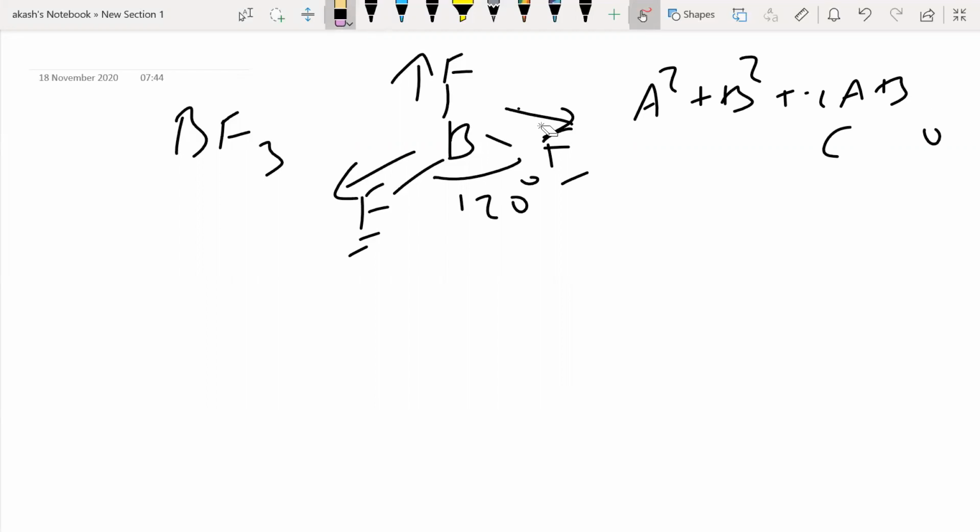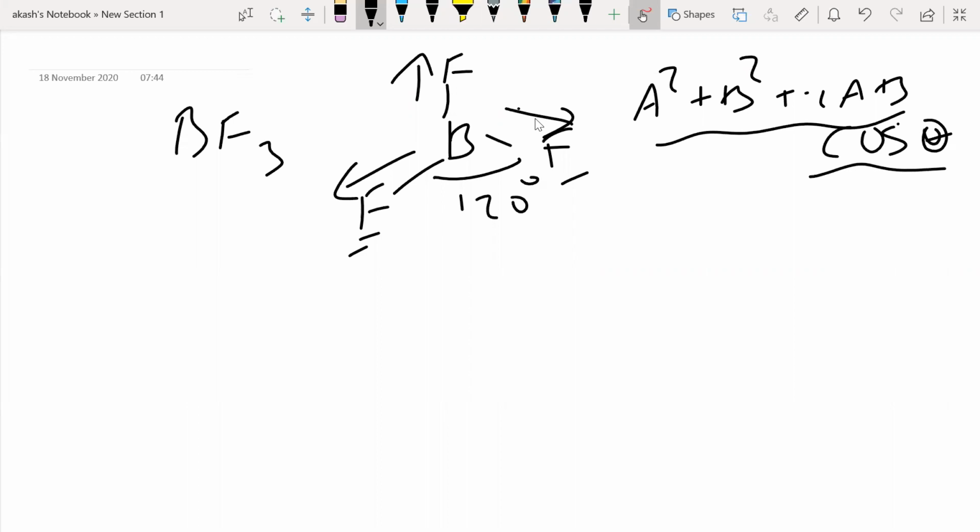This is how you find the magnitude of the resultant vector if you have two vectors with values a and b, right?